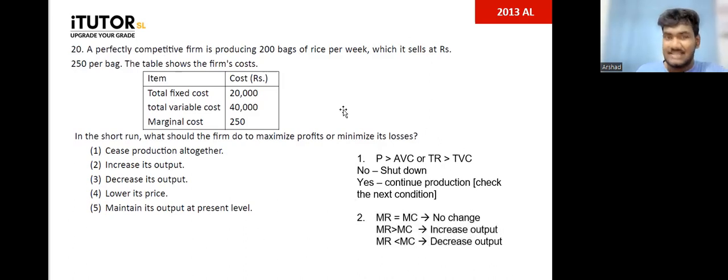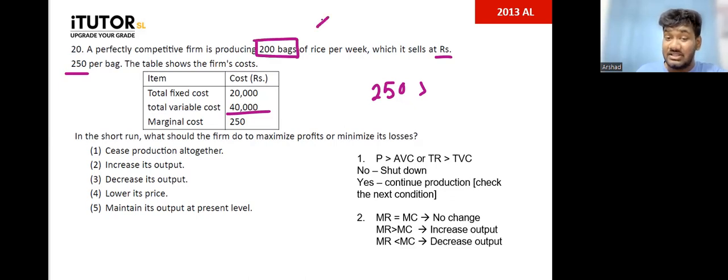We'll look at this one. Can you tell me, guys, in this question, how much is the price? How much is the average variable cost? They have said it sells at 250, so price is 250. How much is the average variable cost? Total variable cost is 40,000. Number of units is 200 bags.